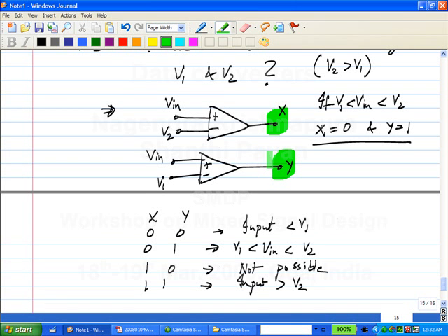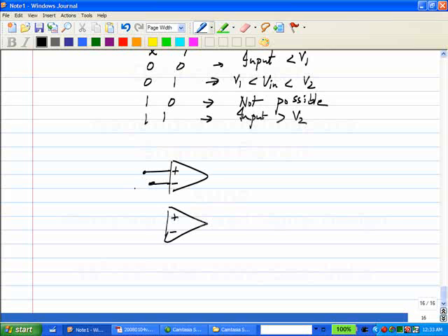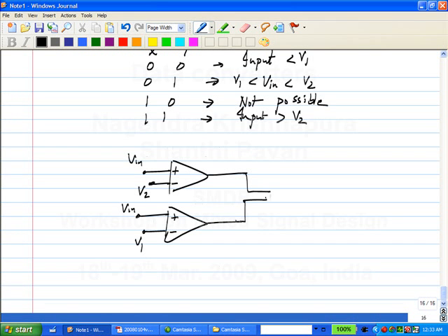So this is the basic unit which answers the question, does the input lie between V1 and V2? And how will I figure this out? If I want a 1-bit answer, does the input lie between V1 and V2? What should I do?